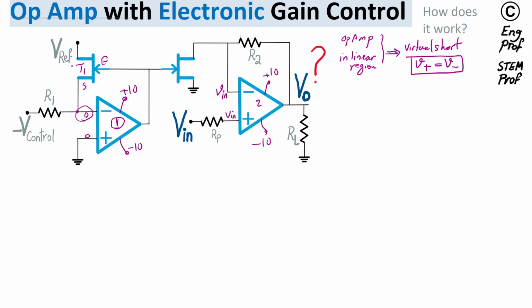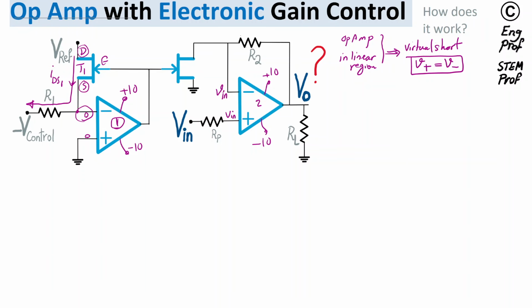Whatever current IDS, let's say IDS1, is flowing from the drain of transistor T1 to its source, that current can only go through R1.